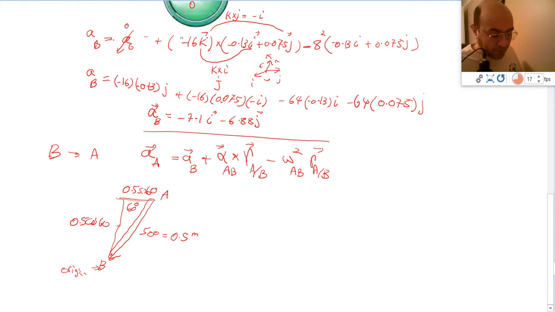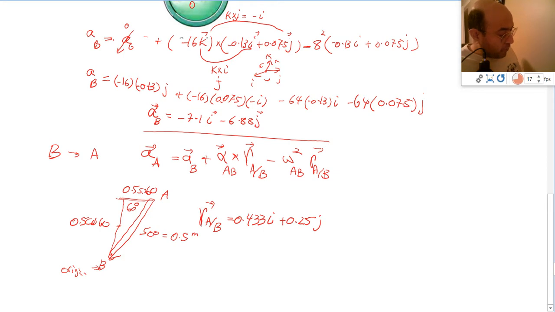If I simplify this, I get RA with respect to B equal to, going from B to A, positive in X and positive in Y. Sine 60 is 0.866, so RA with respect to B is 0.433 I plus 0.25 J. That's how much the R is going to be.